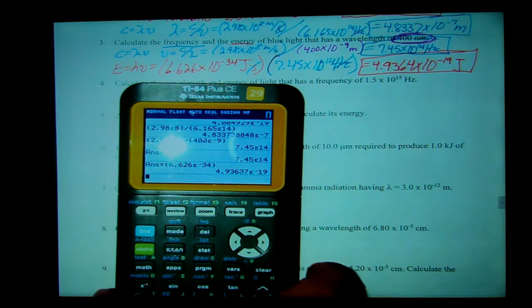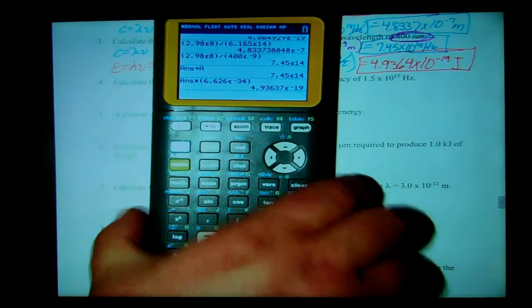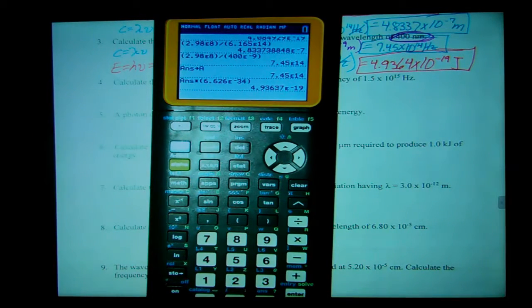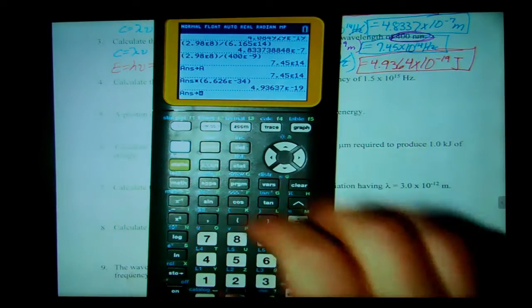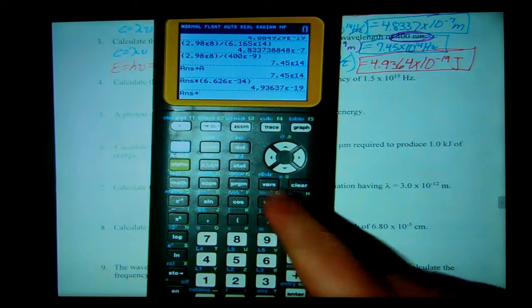What I do, let me see if I can get it up here so you can see it, is right here above the on button where it says STO with the arrow. Once you hit that, it'll take the answer, like what we just got there, and then hit alpha, and all those green letters.